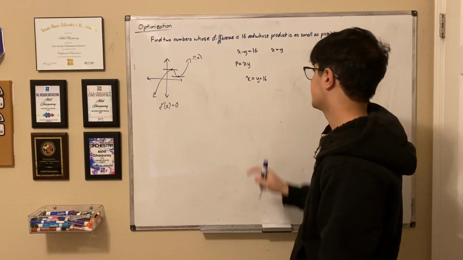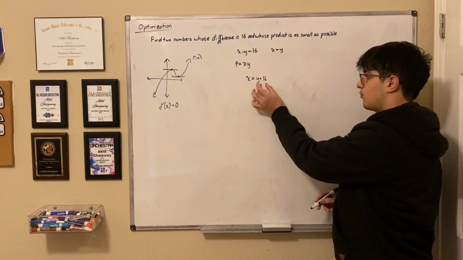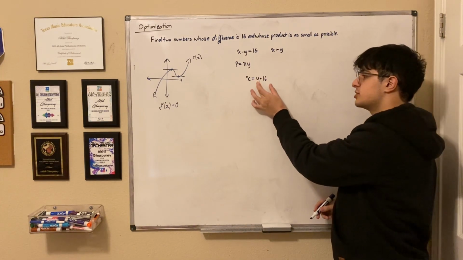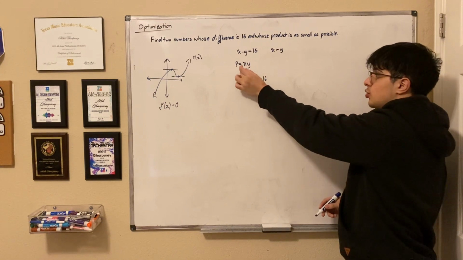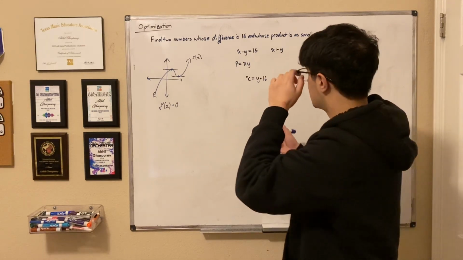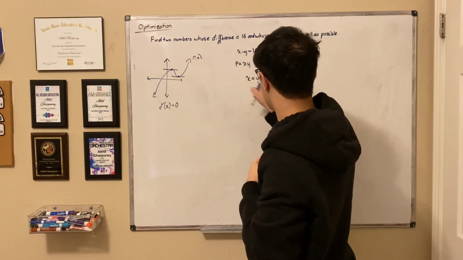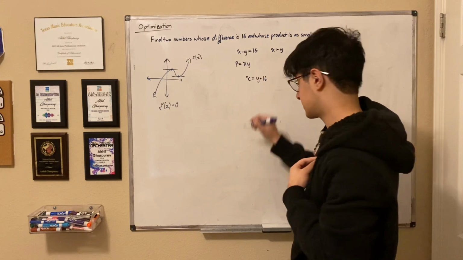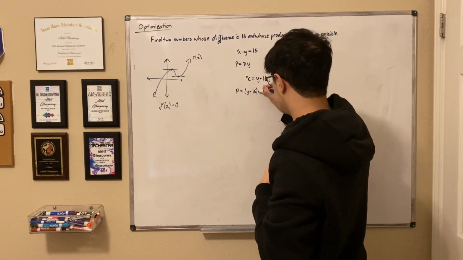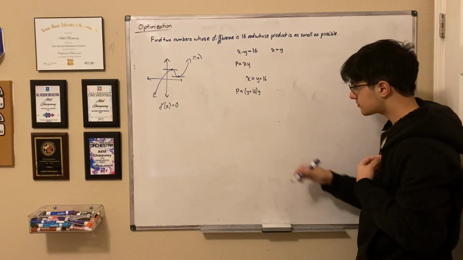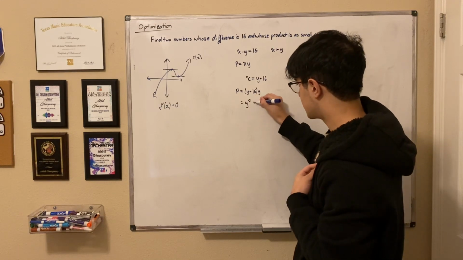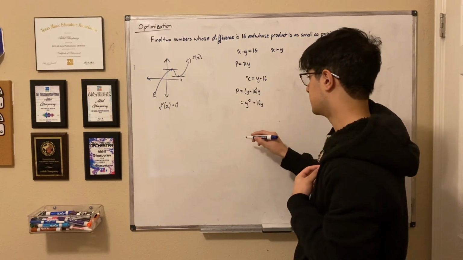So what we have here is an expression for a certain variable, and we can substitute this expression into the respective variable in this equation right here. We're going to substitute it in for x. So we get that p is equal to y plus 16 times y. And then we'll distribute out this y, so we get y squared plus 16y.